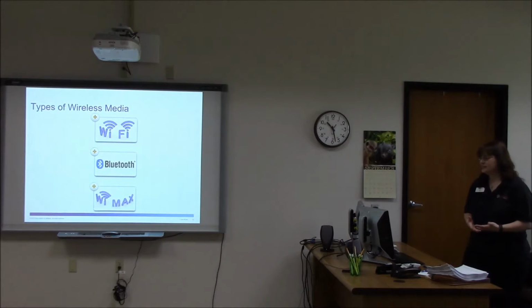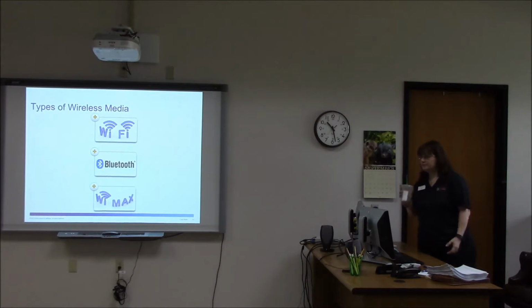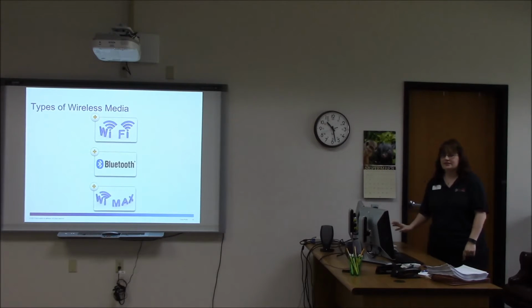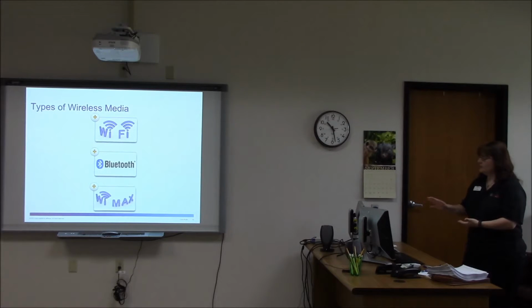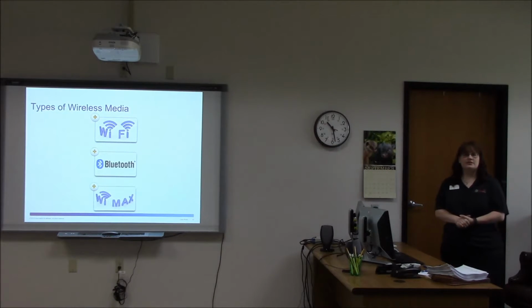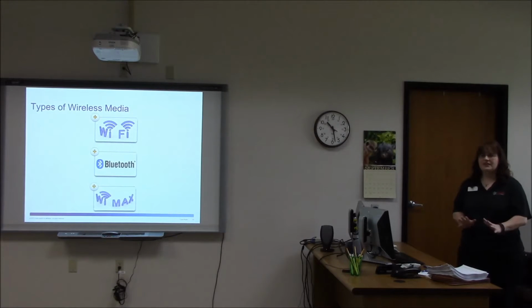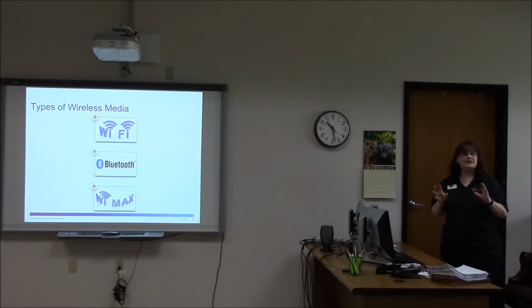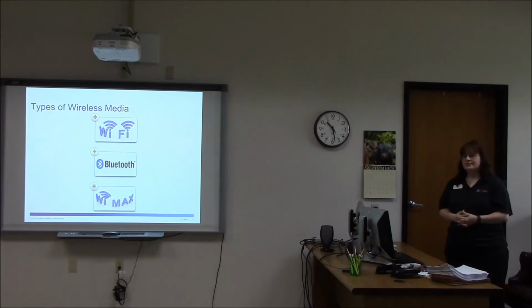Who knows what Wi-Fi stands for? Wireless fidelity? Wireless fidelity, exactly. So that is one type of wireless media. Then we have Bluetooth. So Bluetooth is limited to about 30 to 33 feet. It's what we call a personal area network that we talked about in Chapter 1. So for example, I have Microsoft Sync in my car. It connects to my phone through Bluetooth so that I can talk hands-free.